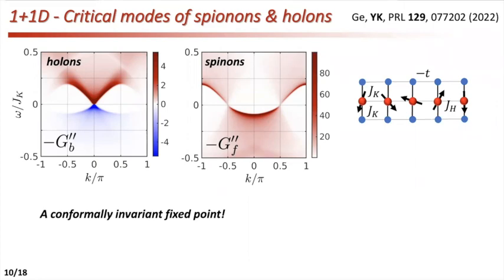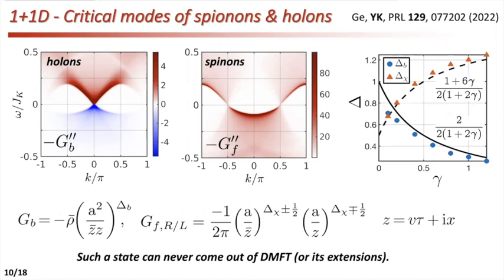So it turns out that this is a conformally invariant fixed point, and this spectrum has a very simple description. At low energies, you can just use this conformally invariant ansatz to recover the whole fixed point. And not only that, these critical exponents can be worked out analytically, and they agree very well with the numerical results.